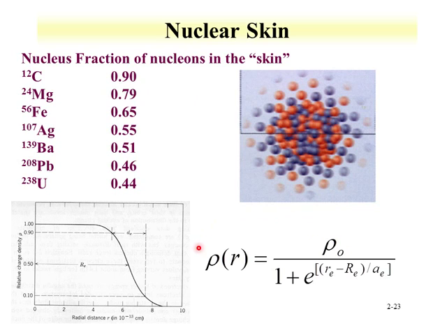There's a density that we can look at where the nuclear density at a given radius is equal to the density in the center divided by this term here, and this is our Woods-Saxon potential term.